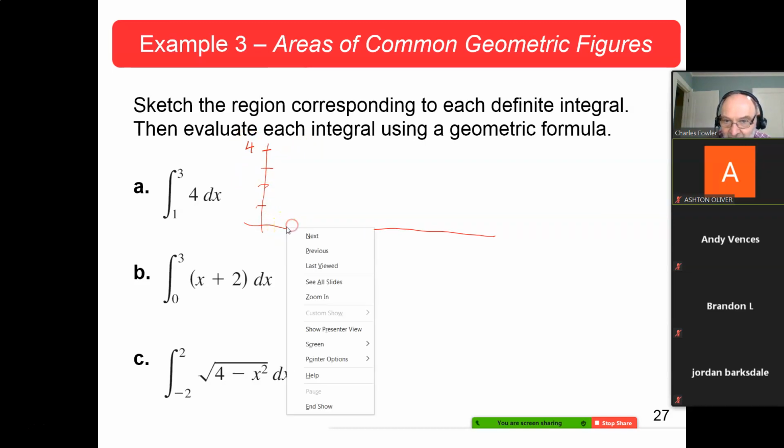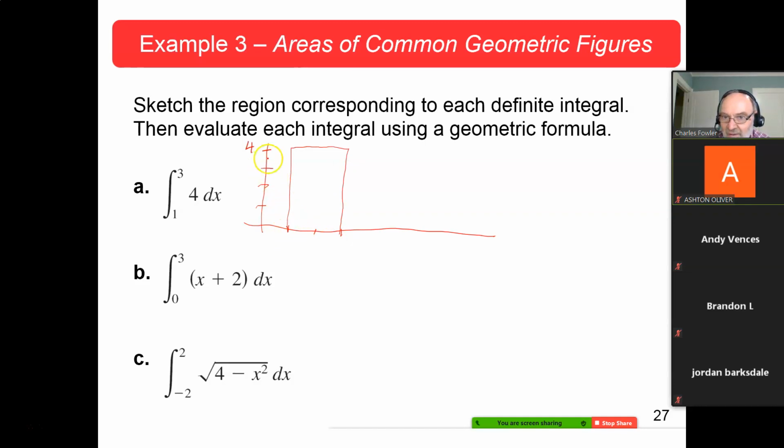There's 1, 2, 3, that's all we need. Here is a function, f of x equal 4. That would be the horizontal line that goes across there, and we're evaluating it between 1 and 3. What's the area under there? 2 times 4 is 8.